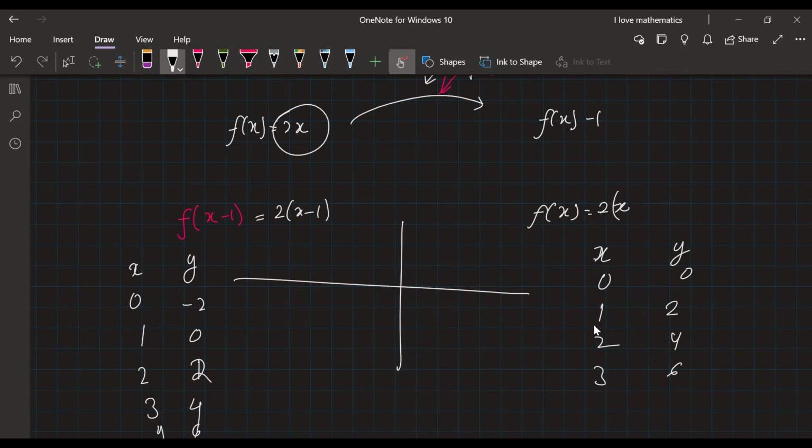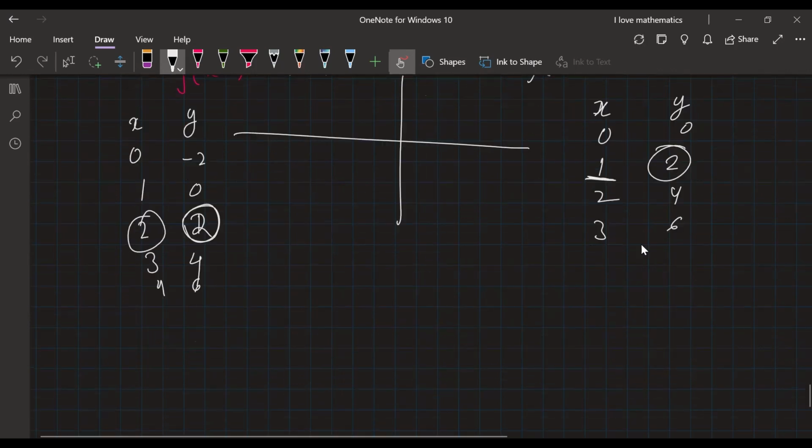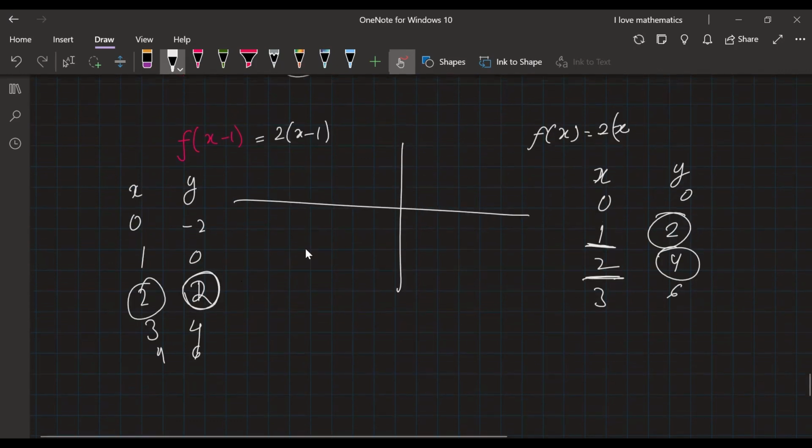You can see that when we were getting the y value of 2 by just putting 1, now we are getting the y value of 2 by putting 2. When we were getting the y value of 4 by putting 2, now we are getting y value of 4 by putting 3. 2 into 3 minus 1 is 4.